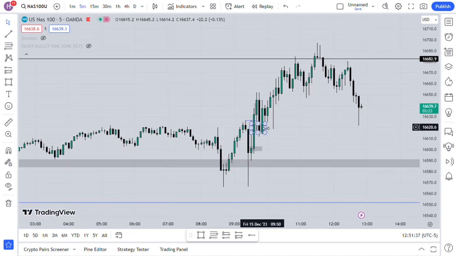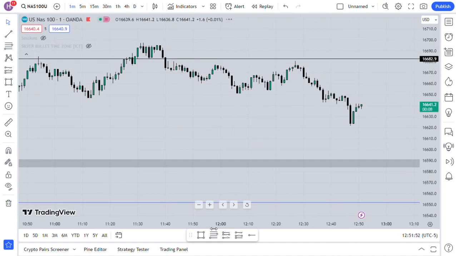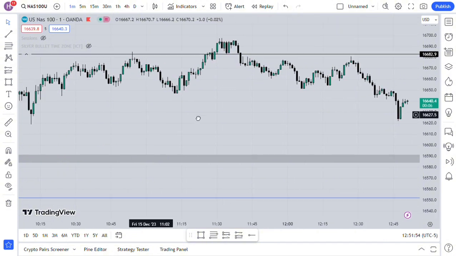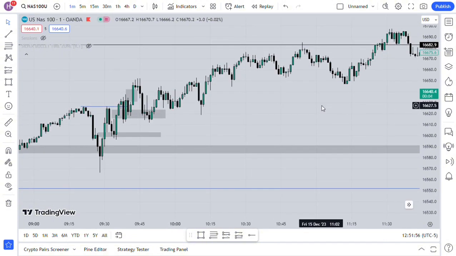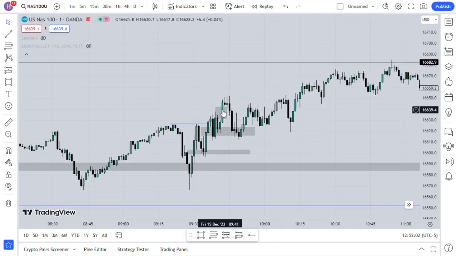These ones that are already marked here belong to the 1 minute time frame, and I tell you guys that they leave a lot of small fair value gaps, but in the 5 minute there aren't any. That's why I like trading on the 1 minute time frame. It gives me the perspective and makes me refine my trade more. And this is how you get to identify fair value gaps.